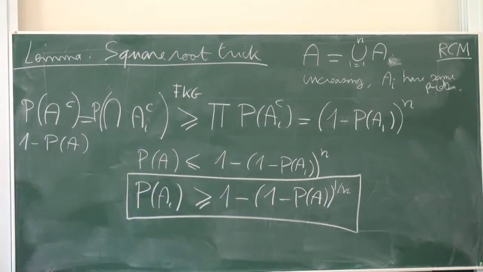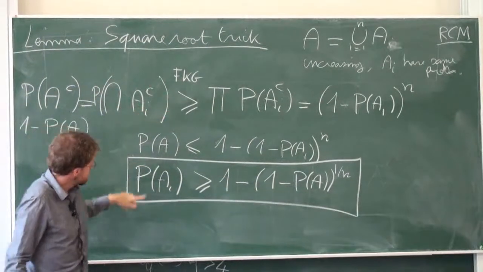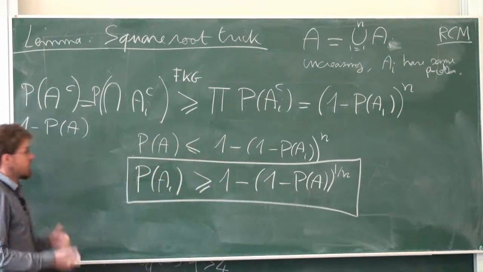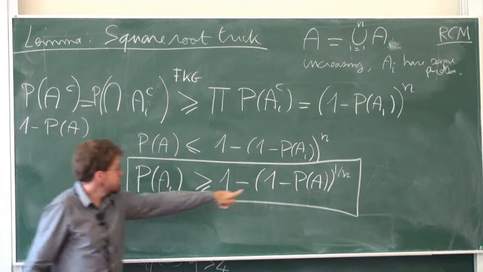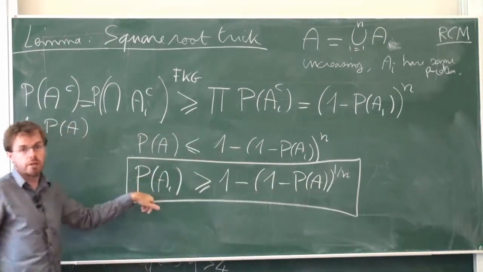This is the statement of the square root trick. It comes from the name where n equals 2, that you can get a lower bound in terms of the square root of the error here. But it tells you that if P of A is close to 1, then this is small, so this is also close to 1.